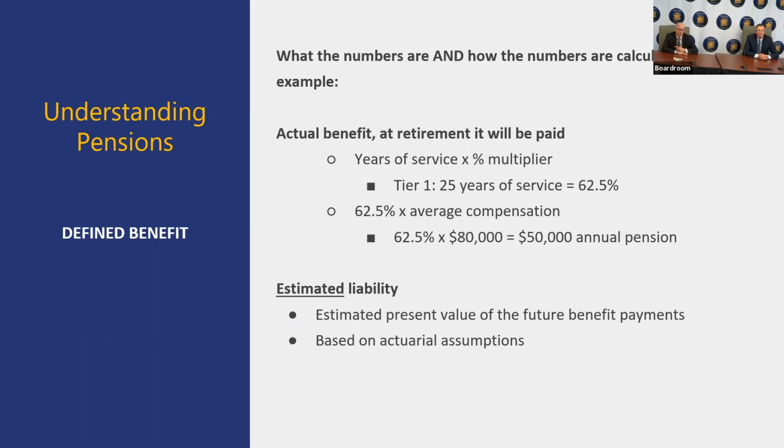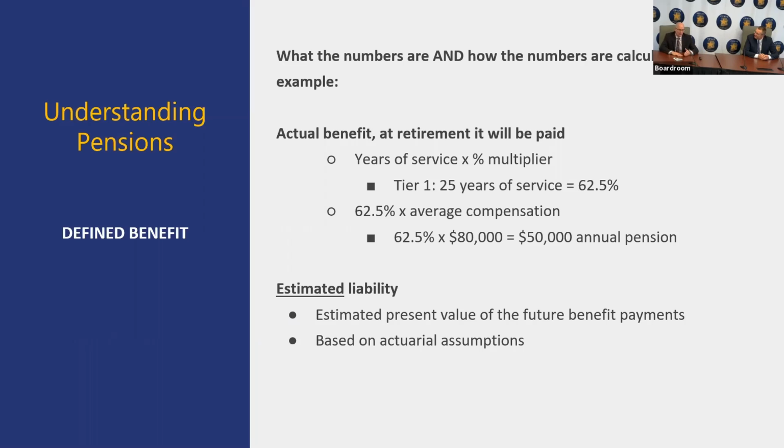The hard part of pensions is we know there's going to be a liability in the future. The hard part is we have to estimate what that's going to be. So if you just think about the way we calculate that and based on the actuarial assumptions, how long is someone going to work? What's their pay going to be the last few years of their career? How long are they going to draw that pension in retirement?